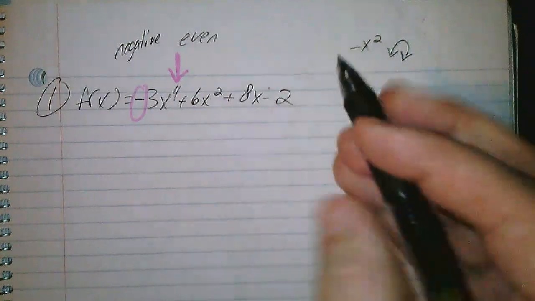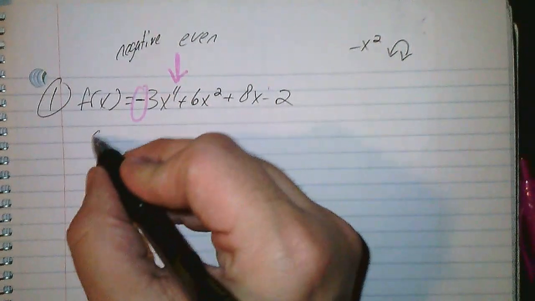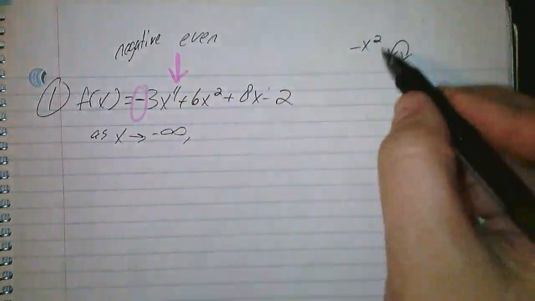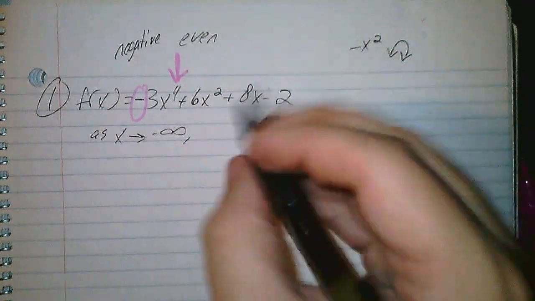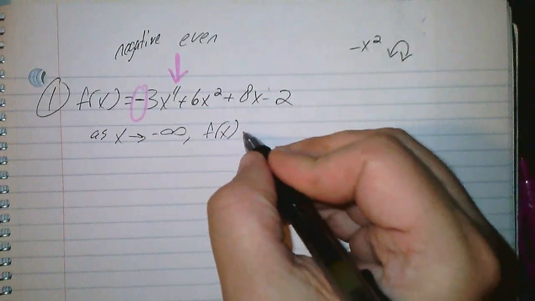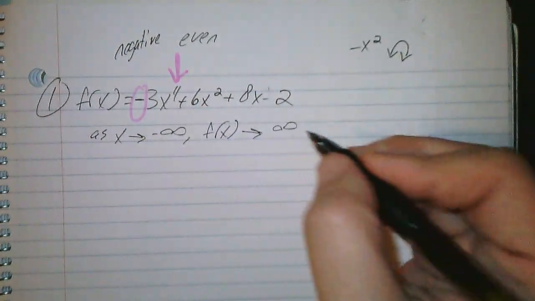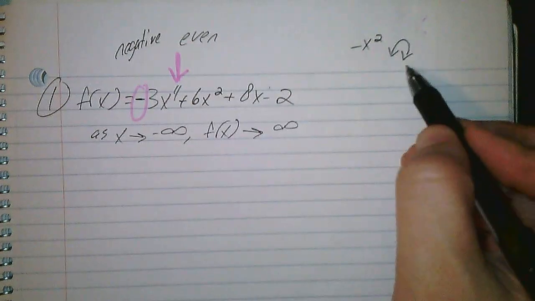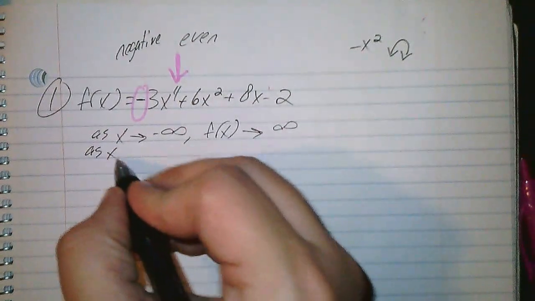So we know that as x approaches negative infinity, the graph is going down. So f of x approaches negative infinity. What about the right-hand side of the graph?